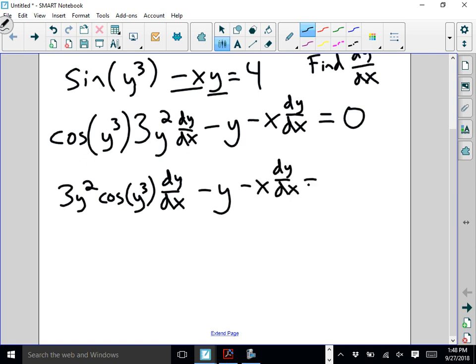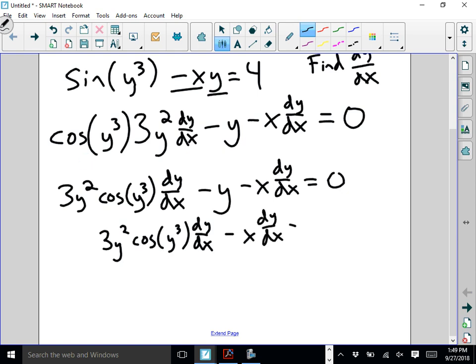Okay, so now I went through and did the derivative of everything. I got everything looking nice. Now I just want to get dy dx by itself. Well, that'll be easiest by just adding y to the other side. Now I want to go ahead and factor out my dy dx.